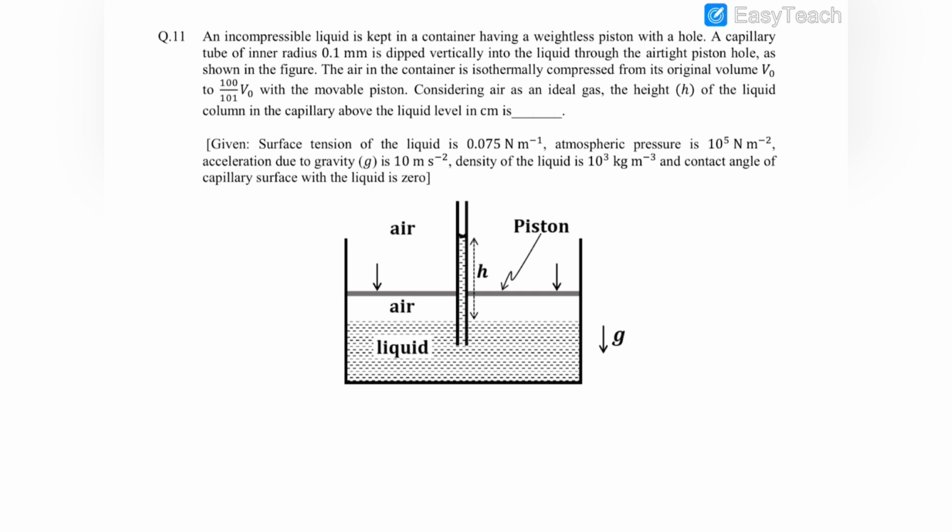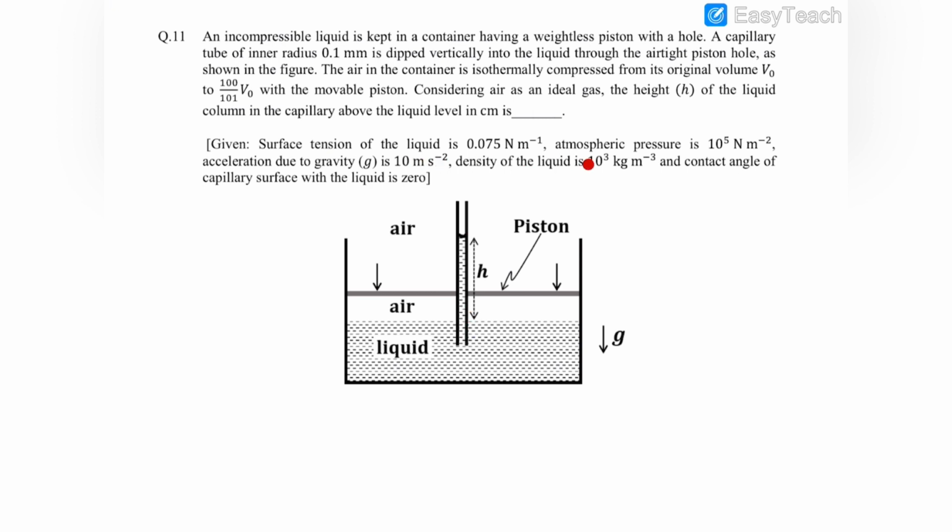This air is compressed isothermally to 100 V0 by 101, and V0 was its original volume. So we have to find out the height h of the capillary rise in the tube.